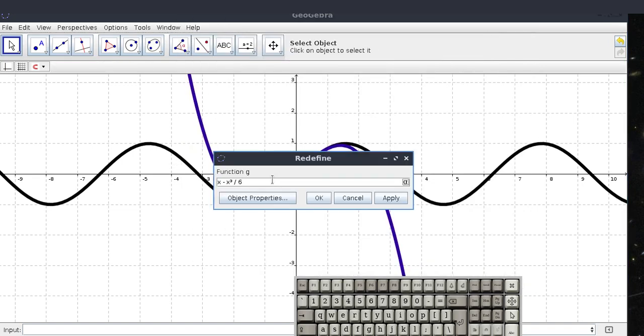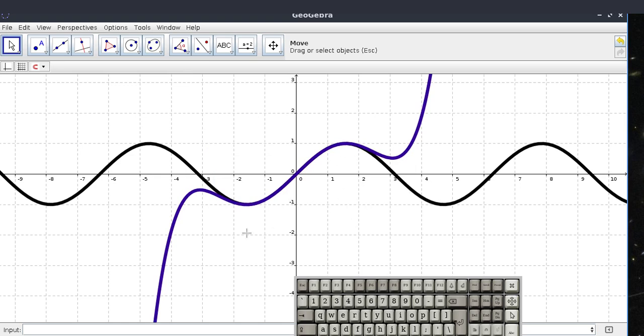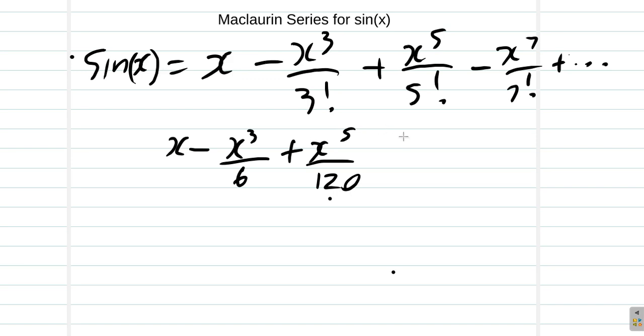So we say this plus, I see that the program removed the bracket because they weren't necessary. All right, no problem. Plus x raised to the power of 5 divided by 120. Okay, you see what that looks like. It's joining the original sine x.